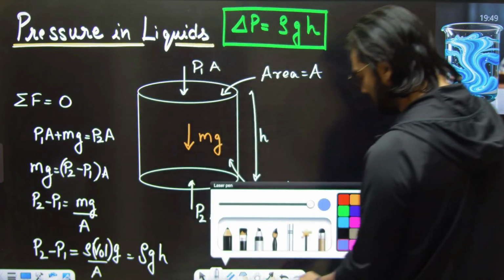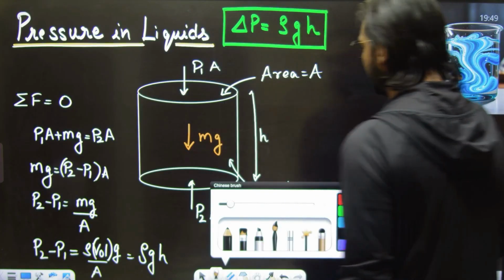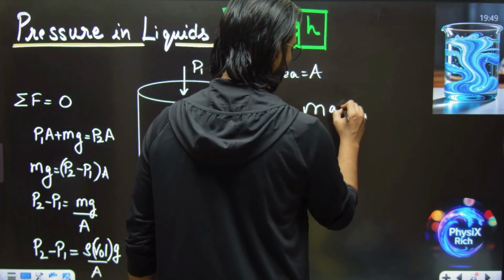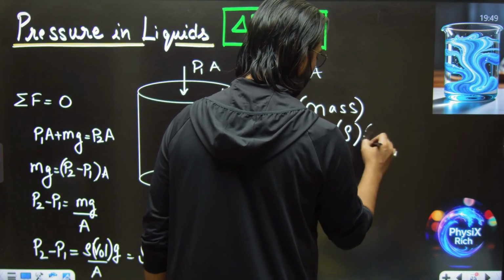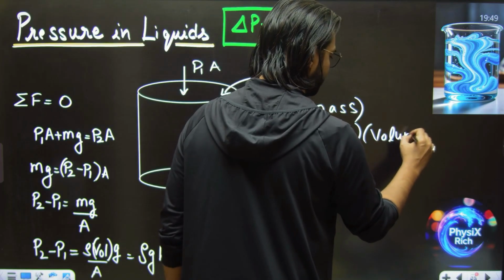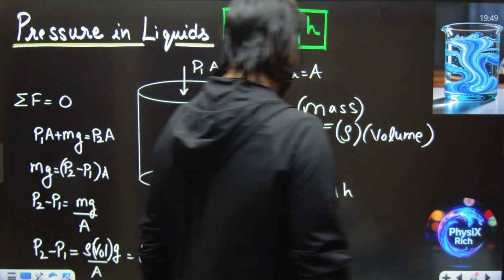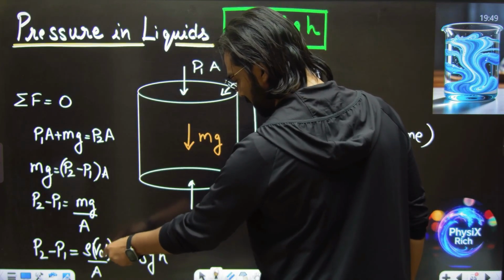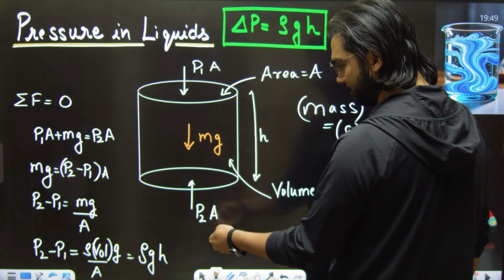For those of you who do not remember this small idea, I'll just write it over here that mass can be assumed to be the product of density and volume. Okay, mass can be density times volume. Now, what is the volume? You see the volume of this is the area times the height.